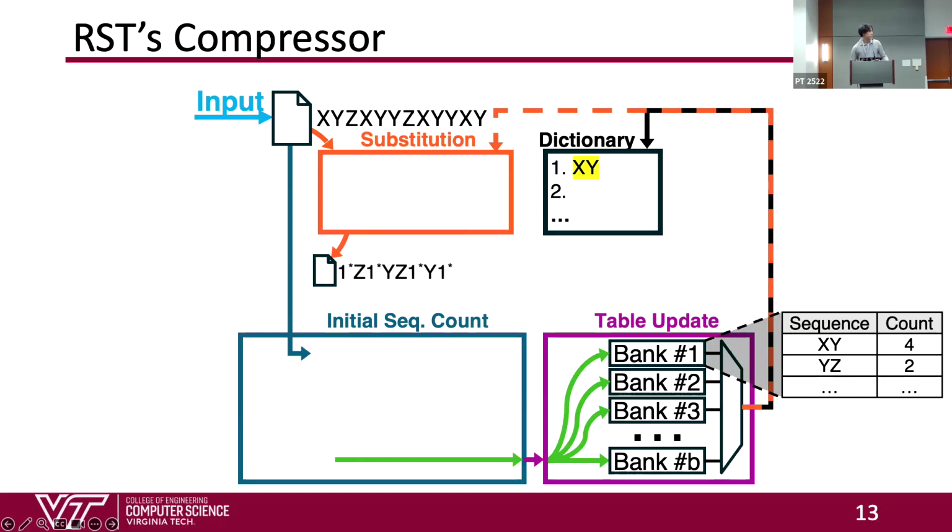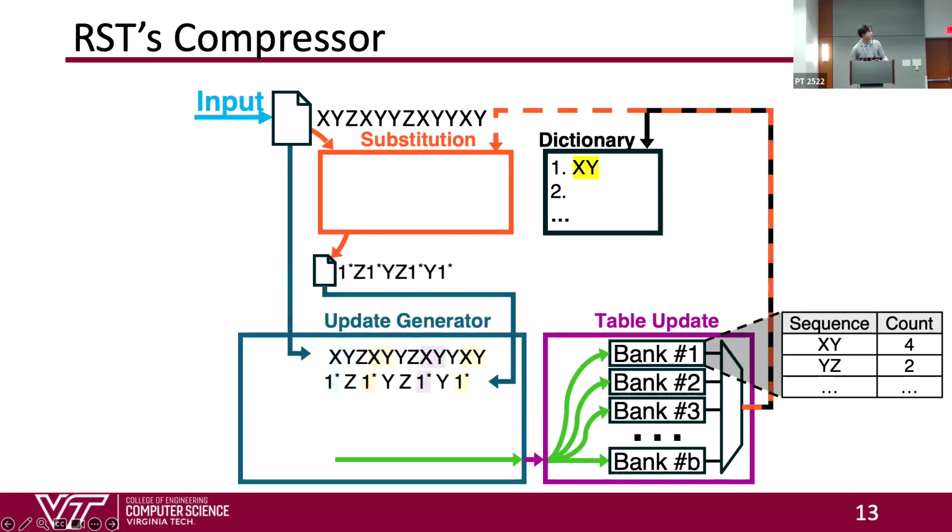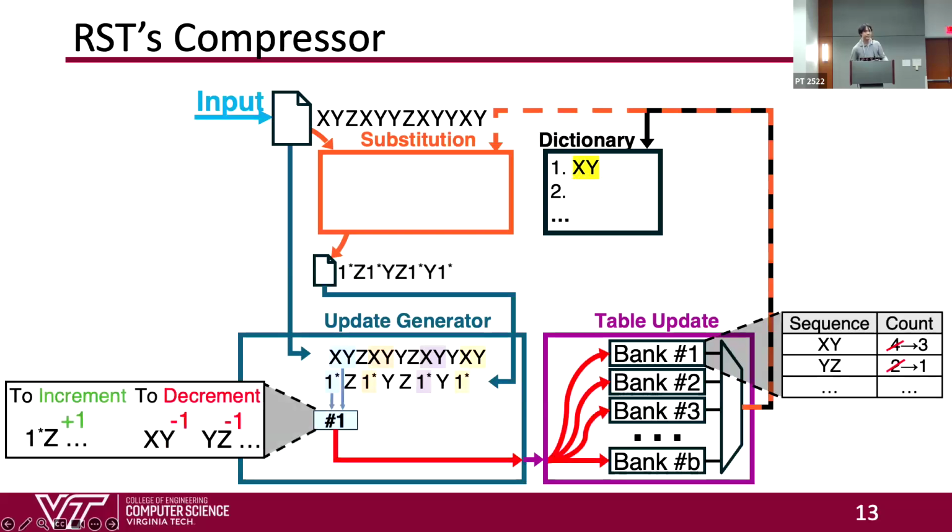Next, we want to be able to select the next sequence, but the utility table is currently stale. So we have an update generator module that will go substitution site by substitution site and create increment and decrement records to figure out precisely how to adjust the stored count values such that they match the actual data.